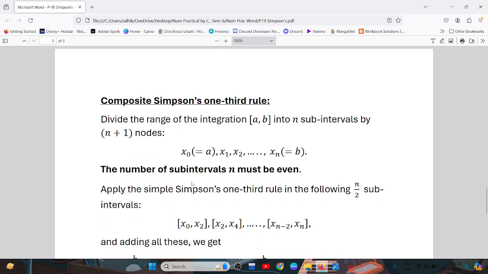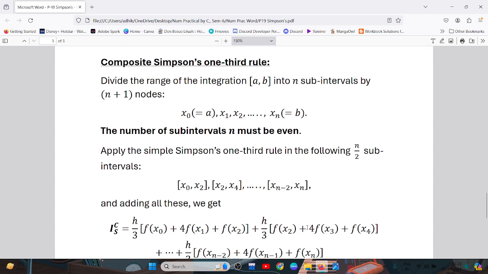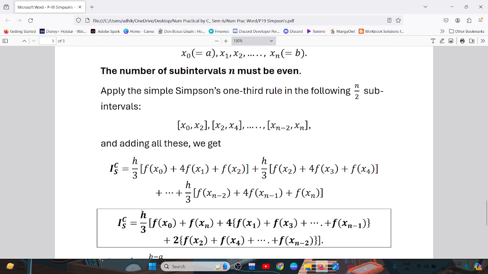Apply the simple Simpson's one-third rule in the n/2 sub-intervals [x0, x2], [x2, x4], ..., [xn-2, xn], and adding all these we get the composite rule, ISC, C for composite, S for Simpson: h/3 [f(x0) + 4 f(x1) + f(x2)] + h/3 [f(x2) + 4 f(x3) + f(x4)], and so on.